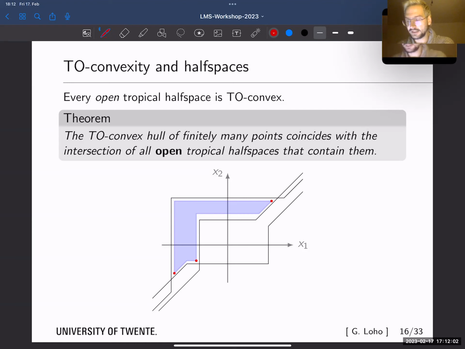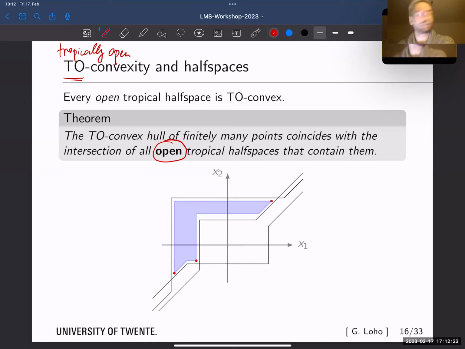So really this hull operator also has this outer description, as one might like. But now we need open tropical half spaces. That's why TO, tropically open. So that's how we coined this name.